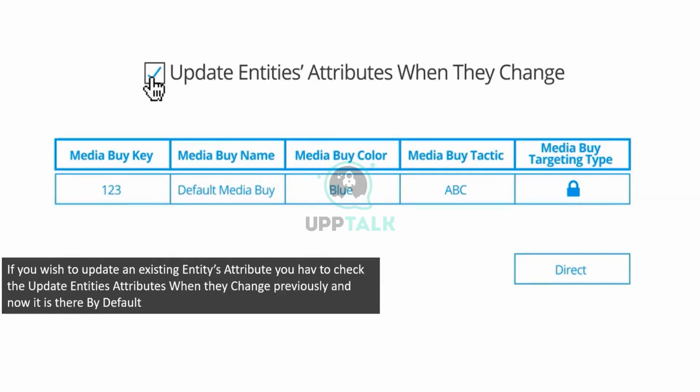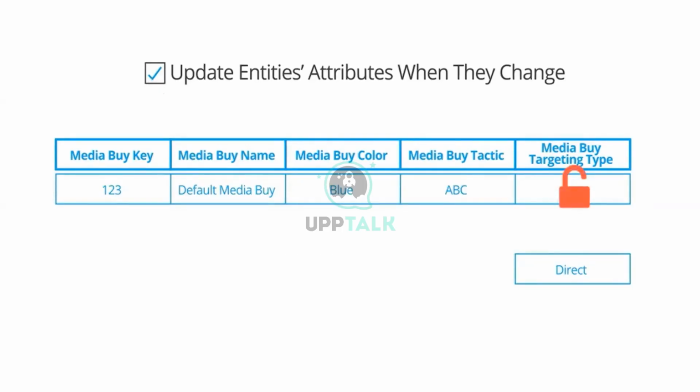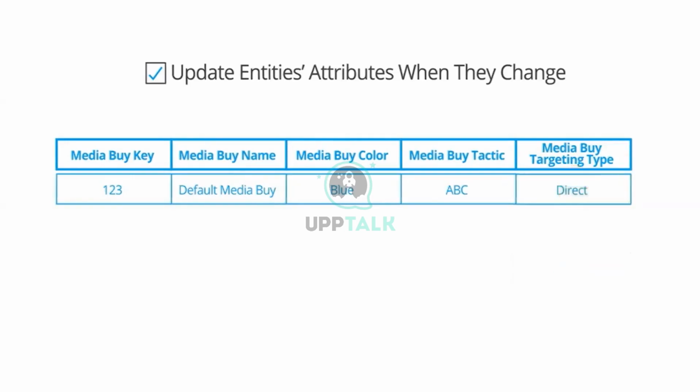If that gets updated, the data in the media by targeting type field gets changed, but it never gets added, because that's not how data works and that's not how the entity relationships in a data model work. When you check it, the hierarchy, which was locked, opens and accommodates the direct type.